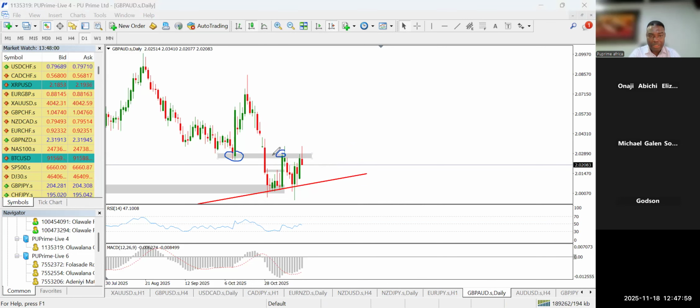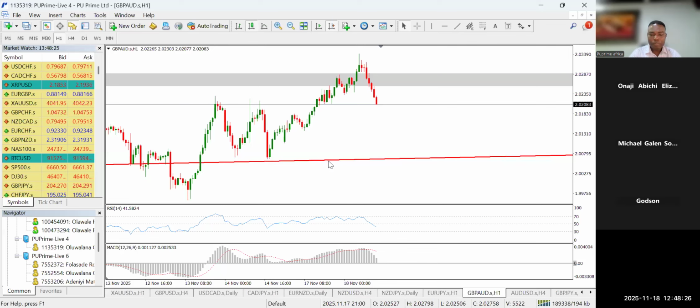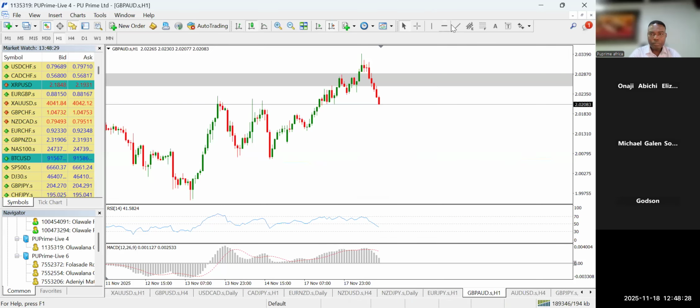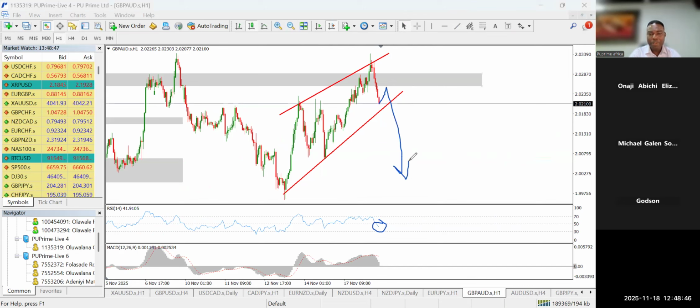And this is the 1 hour. On the 1 hour, we have a rising wedge pattern. RSI is gradually moving below 50, but I still anticipate a slight retracement before we have the continuation.